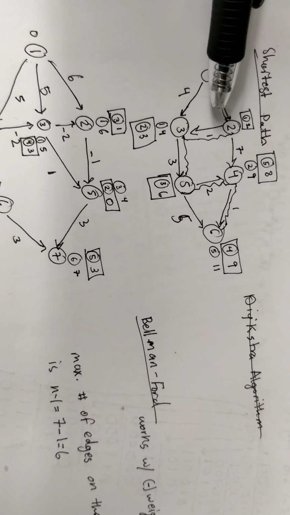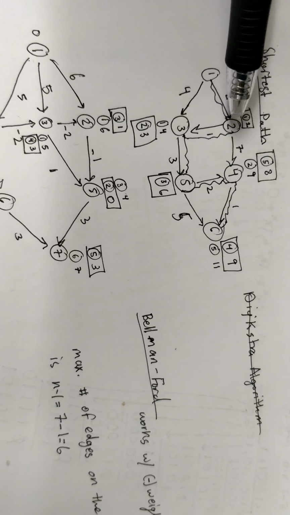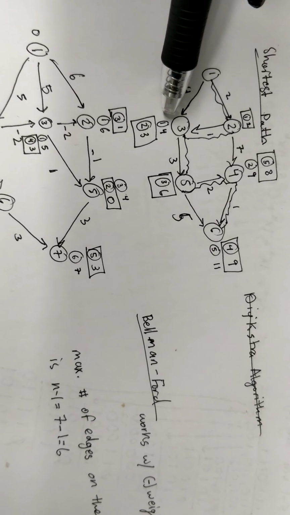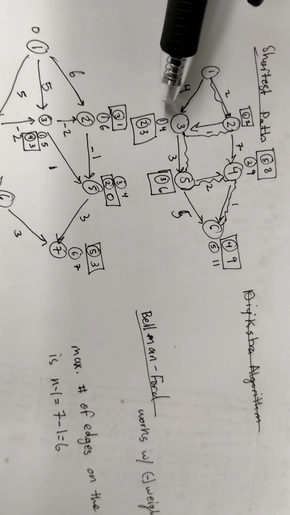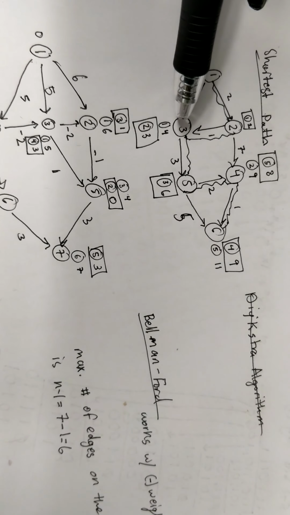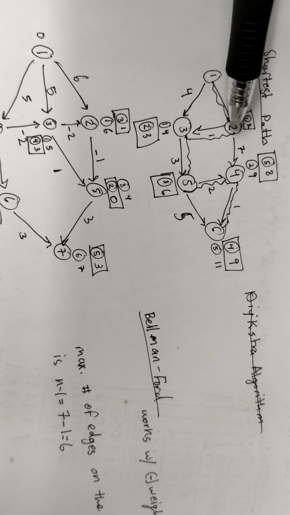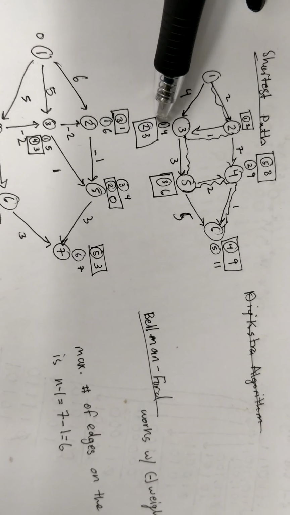Then we go to a node that 2 can hop to, which is 3. And we say, well, what are the costs to get to node 3 given we know node 1 and node 2? So node 1, the cost will be 4. So we write 1 and 4.